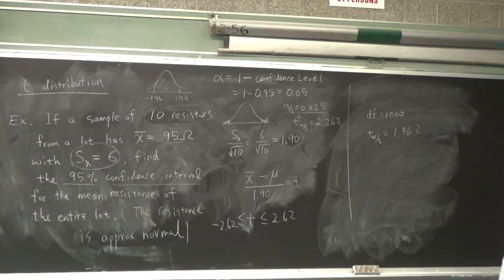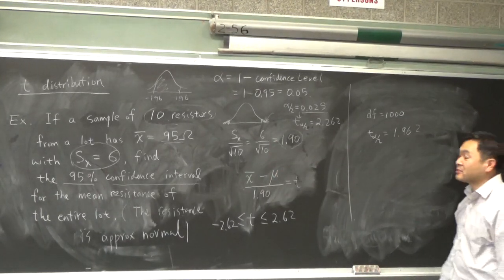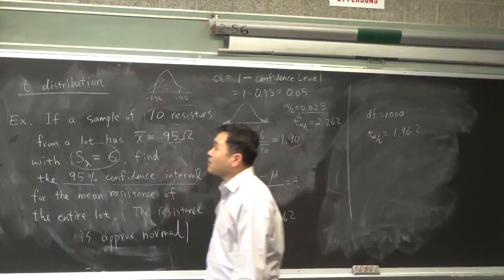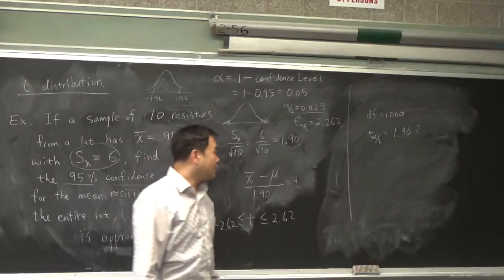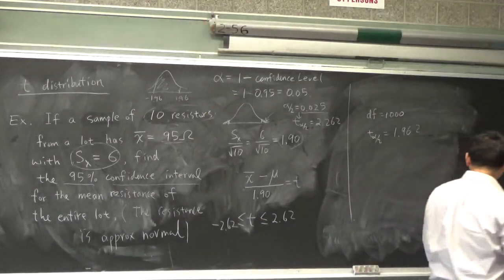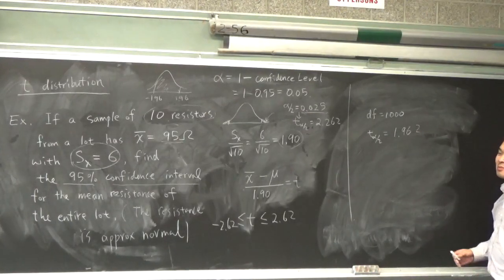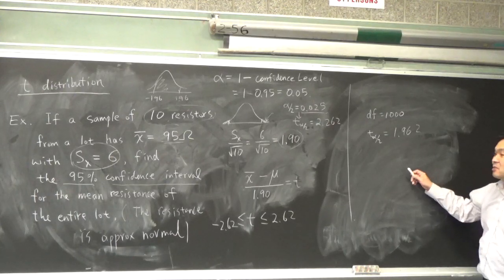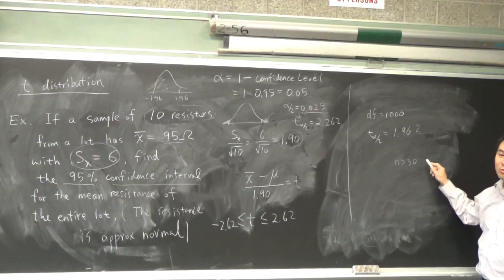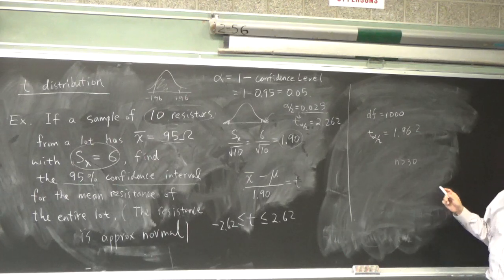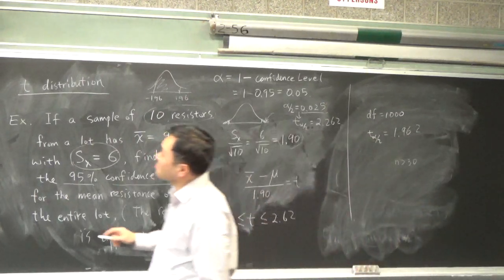Okay? And in fact, because it's hard to have a chart for all the t-values, the rule of thumb is that if your n is bigger than 30, then you can just use normal distribution. It's not going to be that off. What's 30?